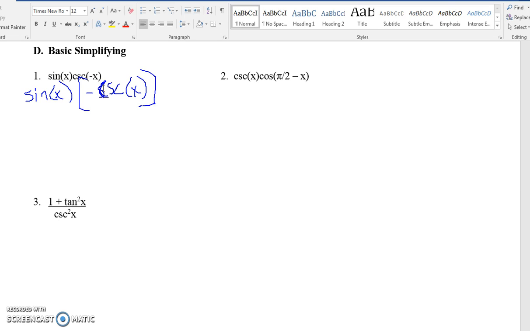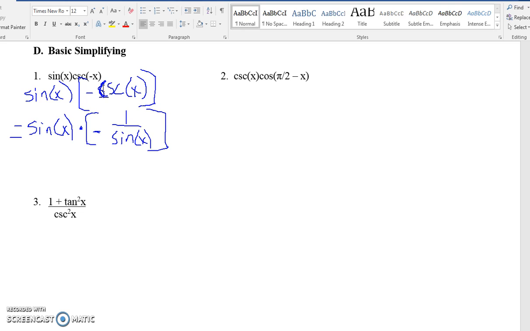And if I look at my basic list of rules, I know that cosecant is the same thing as 1 over sine. So what this really is equivalent to is sine of x times, and again it's negative, but that cosecant of x really becomes 1 over sine of x.